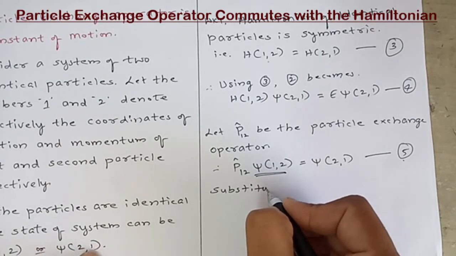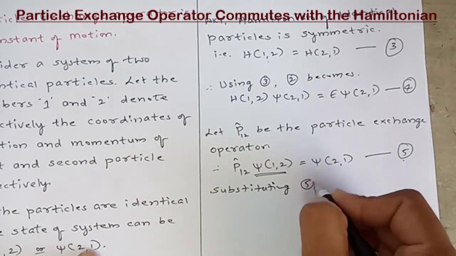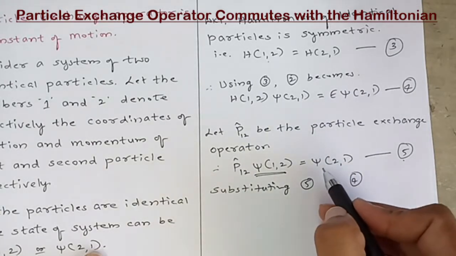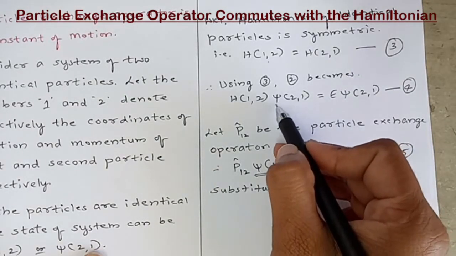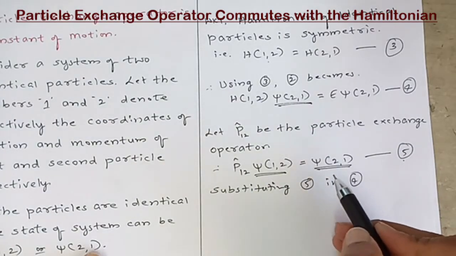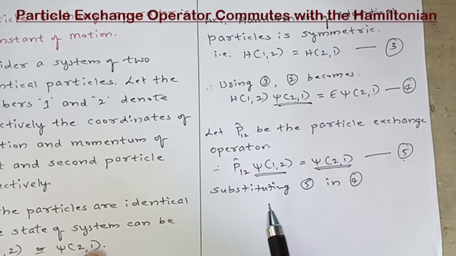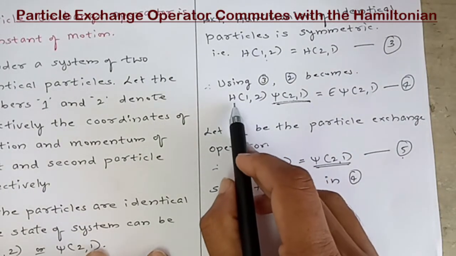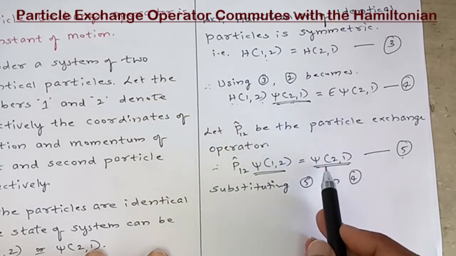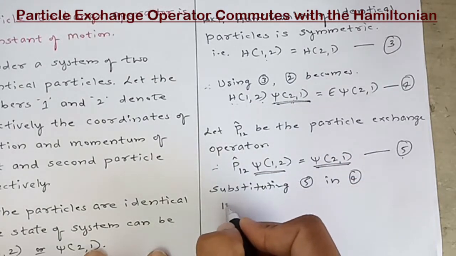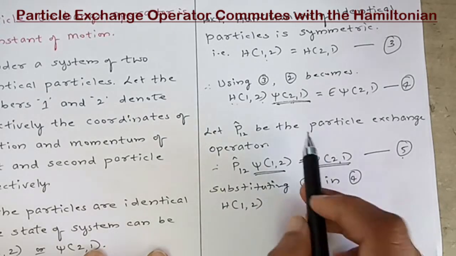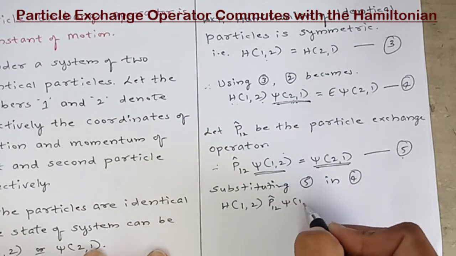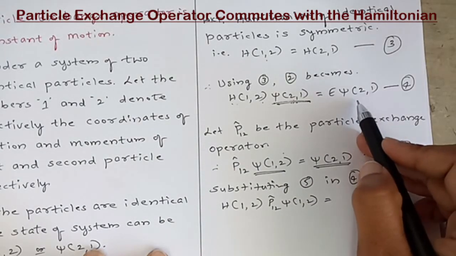Here we have psi(2,1) in equation number 4, so we substitute this psi(2,1) with P12 psi(1,2). Therefore, keeping the rest as it is, instead of psi(2,1) we write P12 psi(1,2). So here we get H(1,2) P12 psi(1,2).